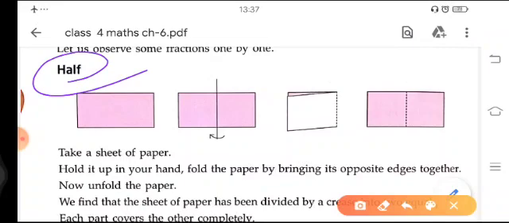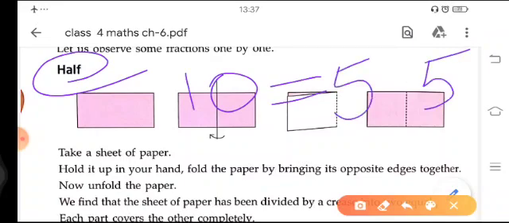Why? Because if we divide 10 toffees into two equal parts, it means 5 and 5, right? You can understand this with the help of an example shown here.